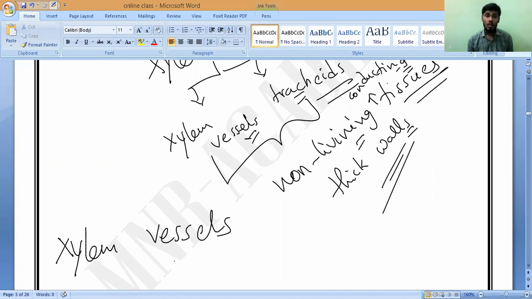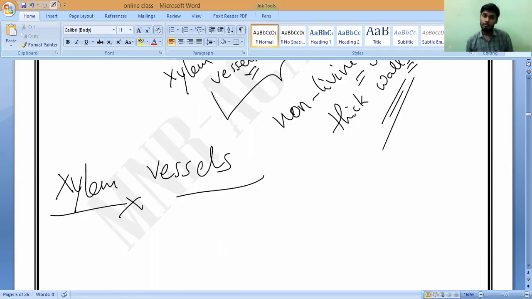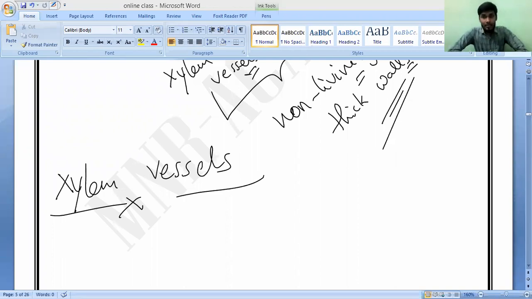As we know, xylem tissue has two purposes: conducting water and dissolved minerals. We are mainly studying two parts, xylem vessels and tracheids.